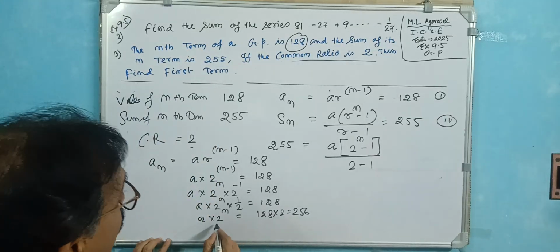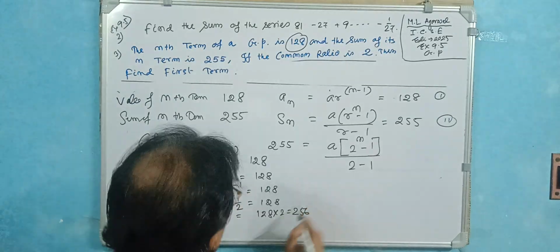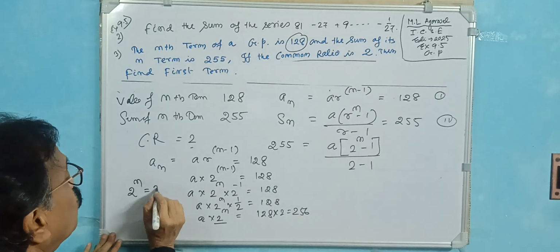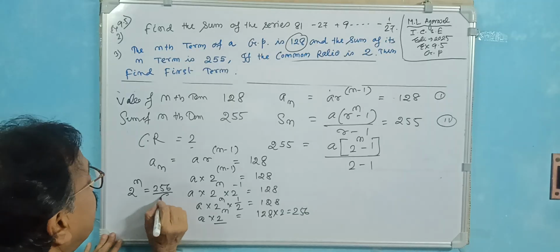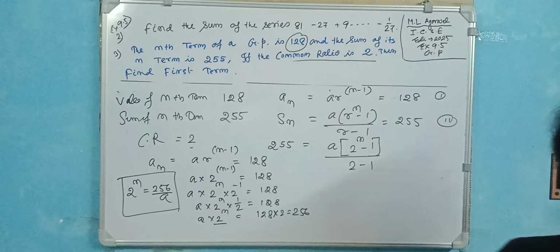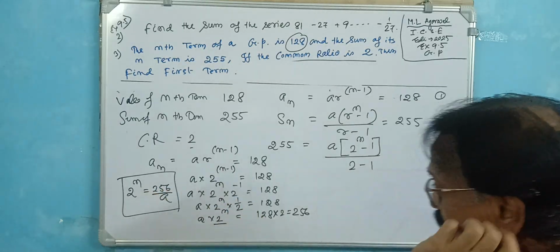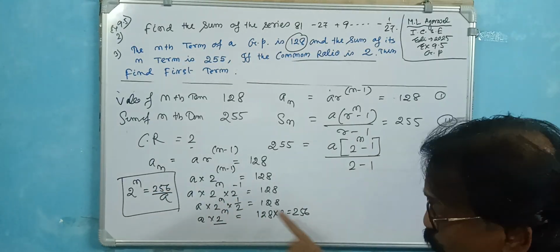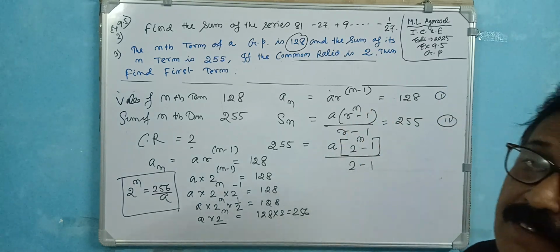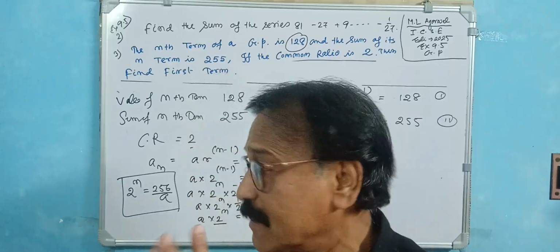So what's the value of 2 to the power n? Here I write 2 to the power n is equal to 256 by a. This is very important. From there you calculate 2 to the power n, and you just put the value here. Very interesting sum.